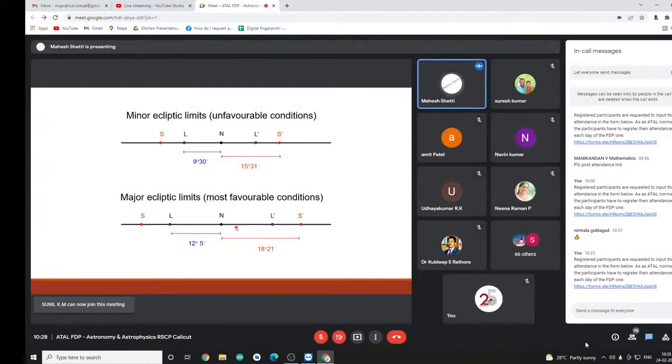But about the solar eclipse, we can always say that even under unfavorable conditions, this multiplied by 2 will give you about 31 degrees, and the lunar month takes 29.5 days, so this 31 degrees is available. So even under unfavorable conditions, we know that a solar eclipse will take place when the sun is near either of the nodes. It will come near the ascending node at one point of time, and 6 months later to the other node, and therefore every year a minimum of 2 solar eclipses must happen.